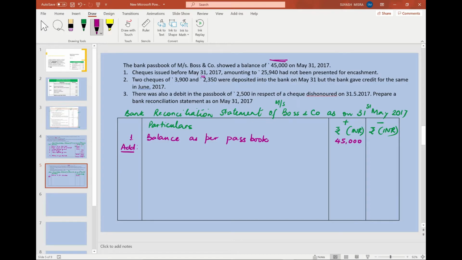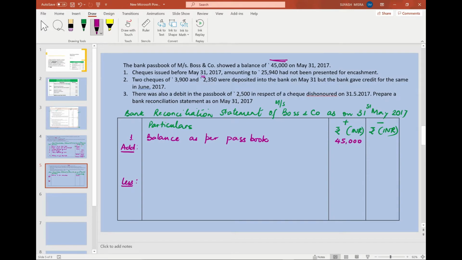As on 31st May, cash book of the company, Boss and Company, was showing less by 25,940, whereas the bank passbook was showing more. So to bring it to that level, since I started with bank passbook, I would reduce this amount.